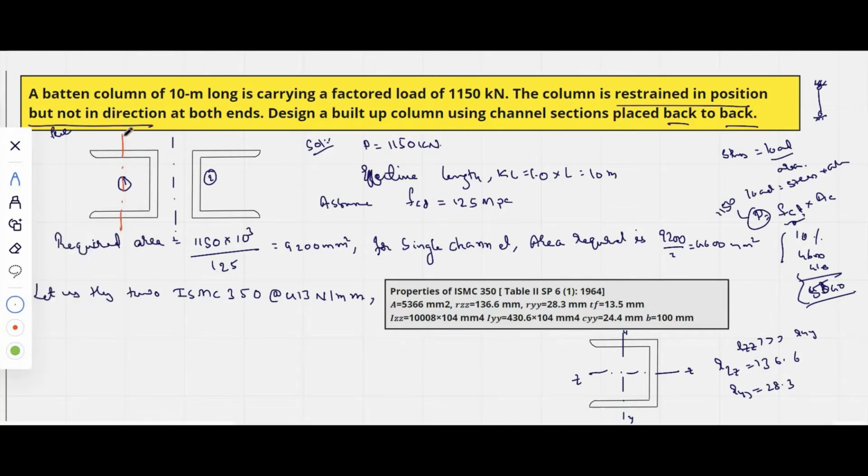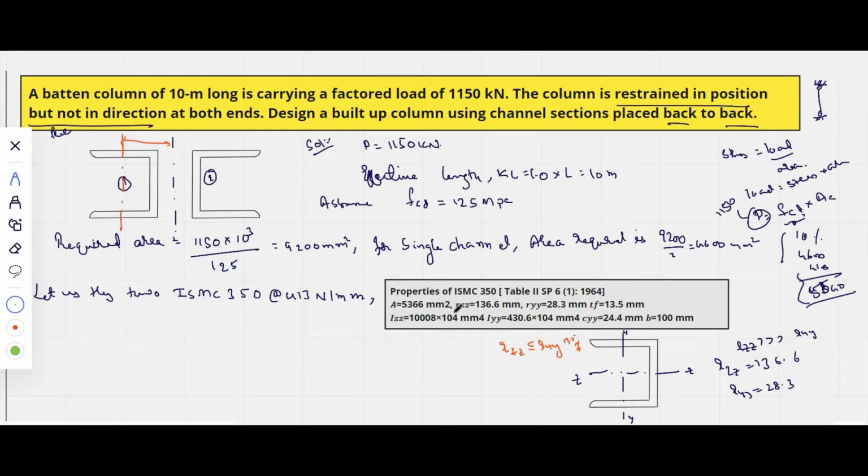If the actual axis, which is represented with the orange color, the distance from this axis is increased in such a way that RZZ must be at least less than or equal to RYY when we consider both the channels. Now, it is also seen that the thickness of flange is around 13.5 mm.